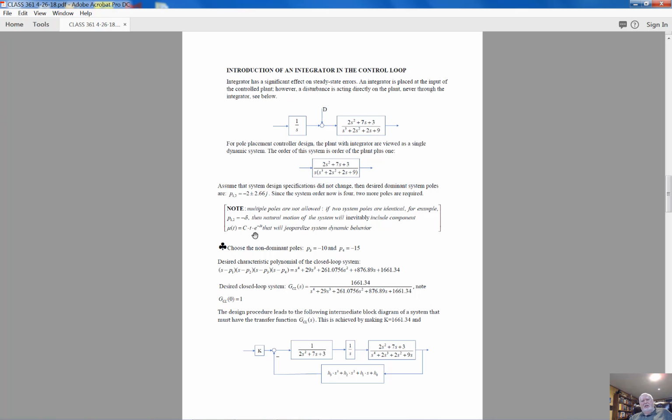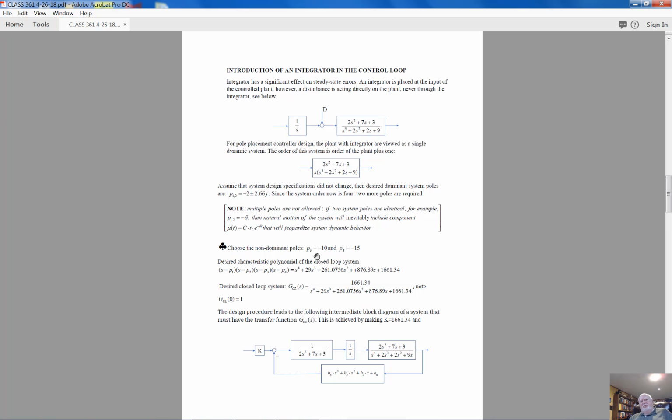It's a constant times time times exponential. It's not a pure exponential that we like to have. It's very difficult to discuss the convergence of this type of expression, and having multiple poles would surely result in this type of term in the natural motion and jeopardize the system dynamic behavior. So please don't use multiple identical poles when you do pole placement.